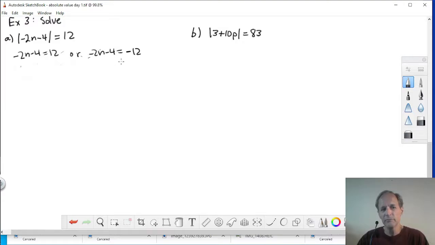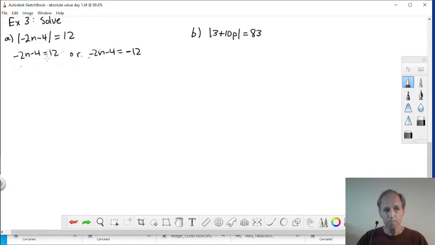So that whole process is encapsulated in the fact that we made both equations. If this ends up being negative 12, our equation is true. And so we will solve that and find out what n would be in that case. And if this expression ends up being 12, then our equation is true.